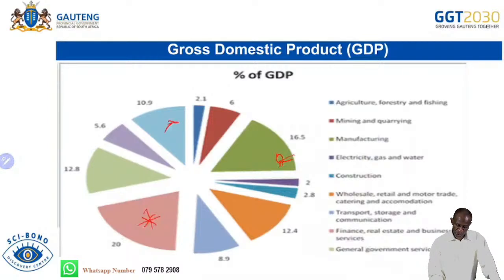There is also general government services at 12.8. And these are coded on the legend. So the legend on the side clearly explains what each sector represents or contributes to the GDP of the country.